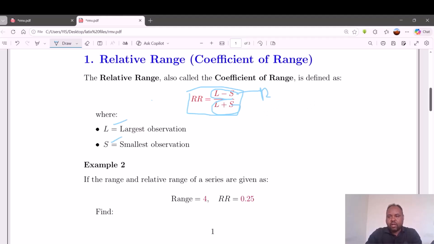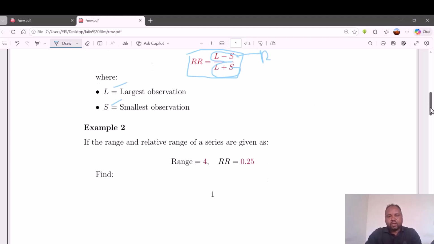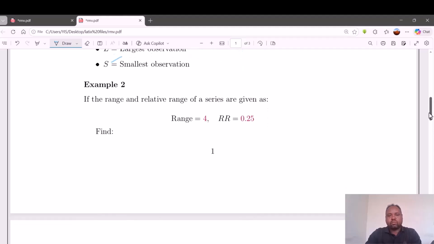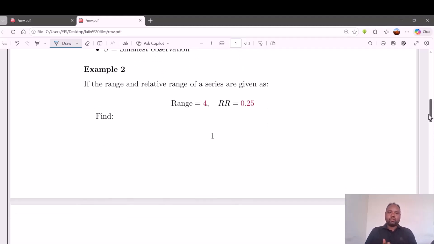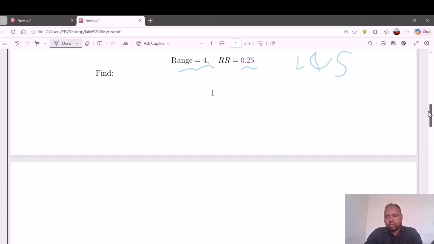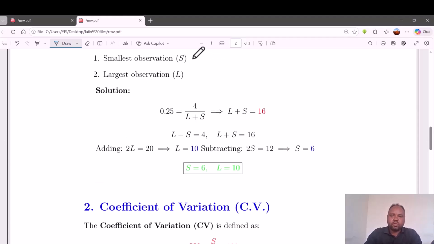Provided this formula, let us solve a problem related to this concept. For instance, if we are given the range value and relative range, we can easily solve for the largest and the smallest values in our data set. Let us see how we can solve this problem. The question is finding the smallest and largest value.